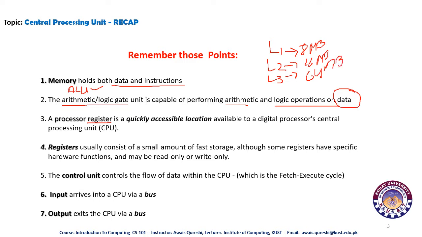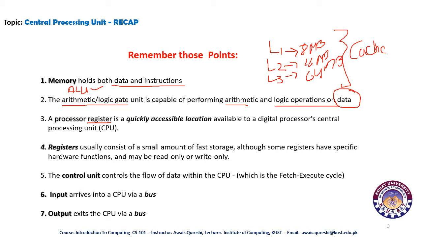So there is another memory which is called a cache memory. These are the registers where the processor stores data on a temporary basis during execution.